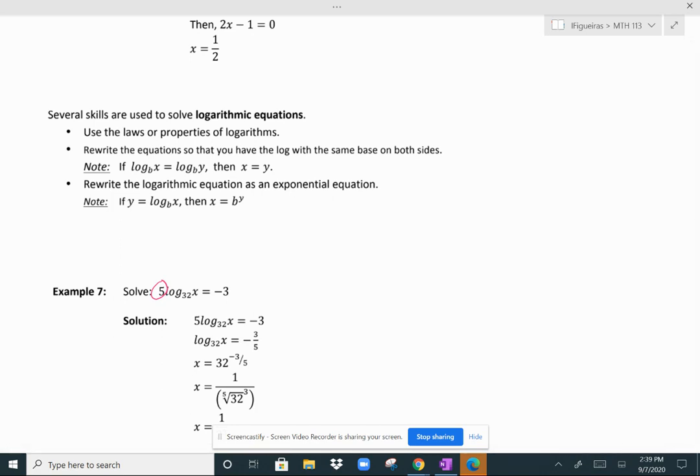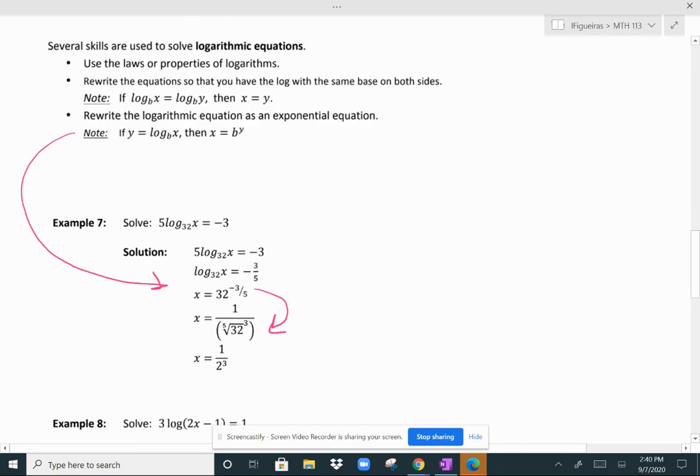Then I'm going to use this skill right here, which is to rewrite my logarithm as an exponential expression. So that means that x is equal to 32 to the negative 3/5. Now we have to remember how to simplify exponential expressions. The negative means that the 32 is going down to the denominator, so I have 1 over the expression that you see inside the radical.